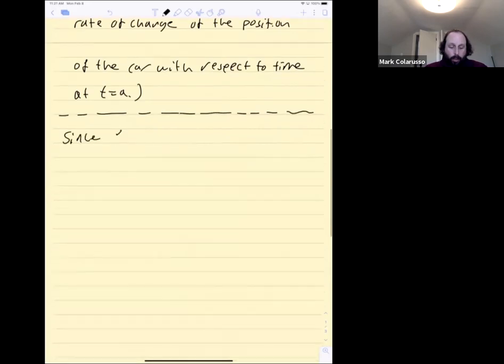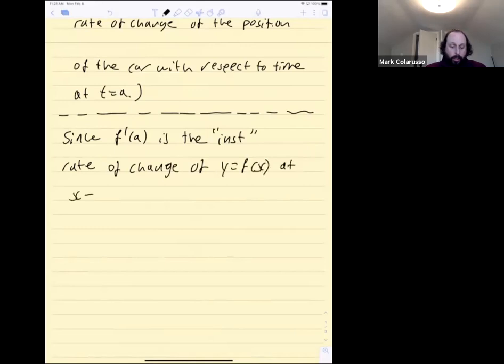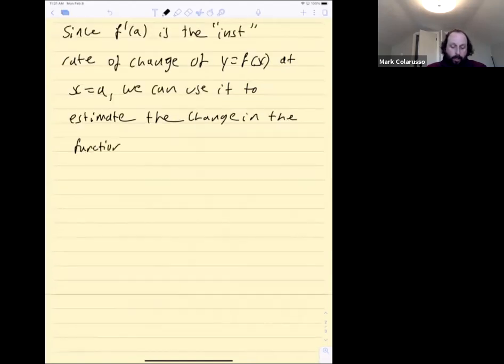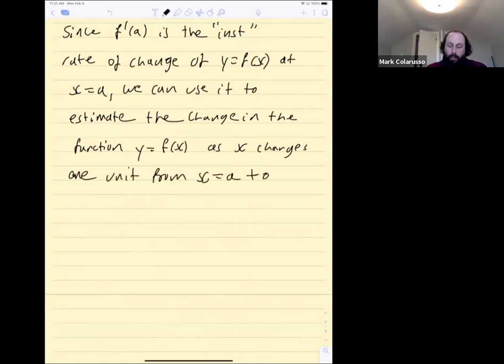Since f prime at a is the instantaneous rate of change (I'll write inst for instantaneous, it's too long a word) of f at x equals a, we can use it to estimate the change in the function y equals f(x) as x changes 1 unit, from x equals a to x equals a plus 1, say.